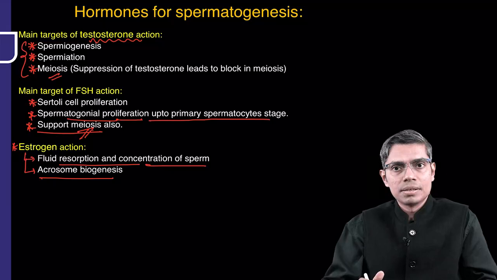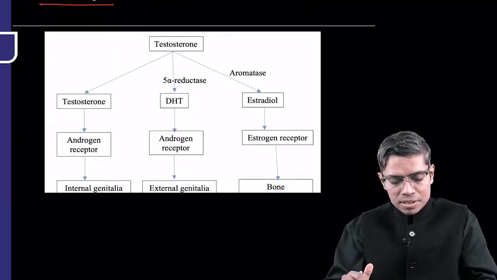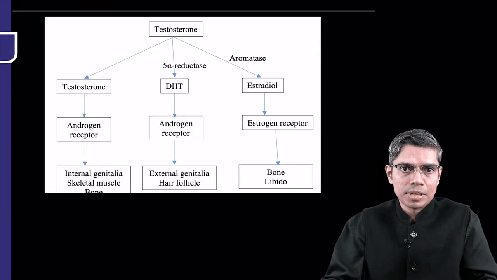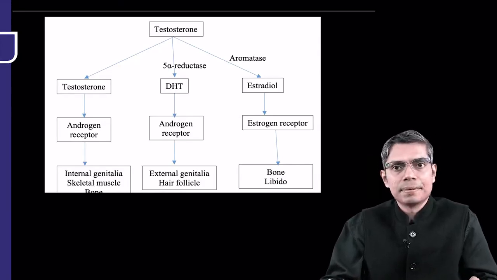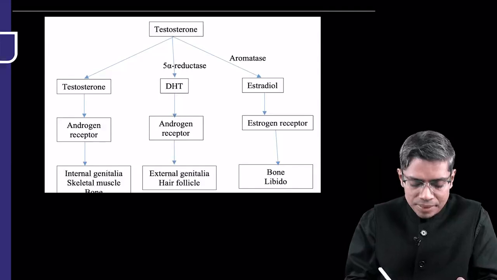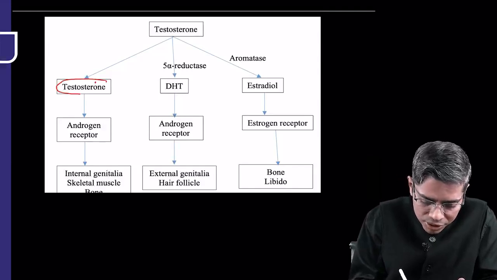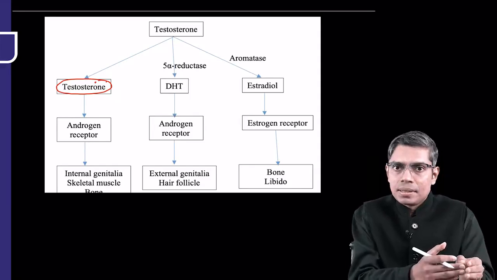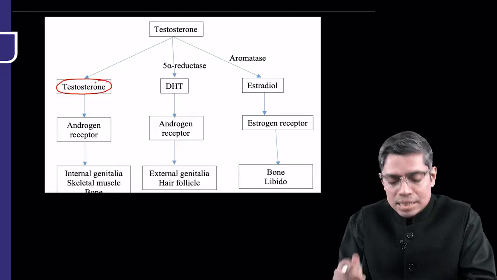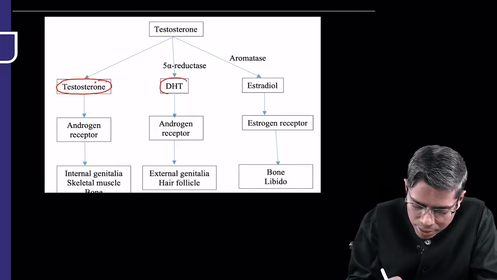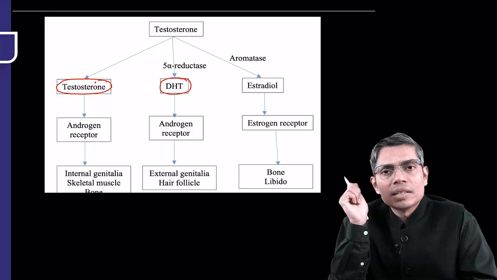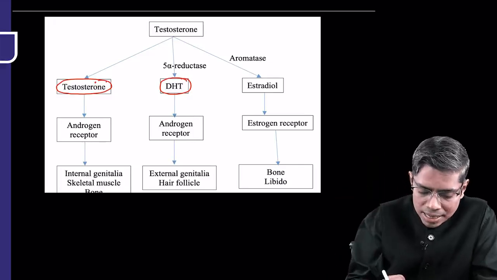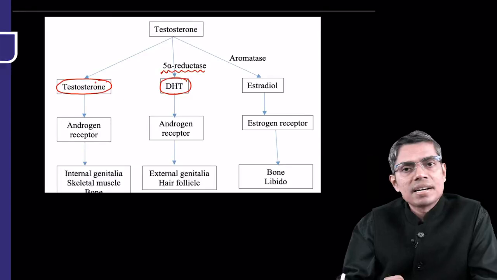So the male hormone which is required for the spermatogenesis process is testosterone, okay, which is synthesized from the Leydig cell. Now the testosterone has some important functions which are done by testosterone itself. And testosterone can be converted into another variety, dihydrotestosterone, by the enzyme 5-alpha reductase.